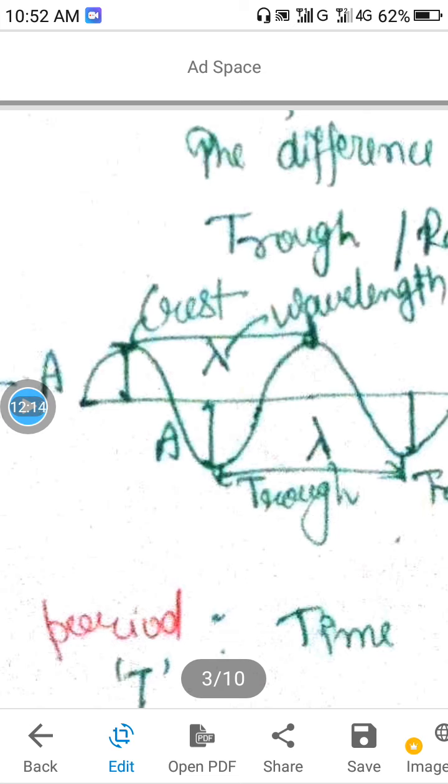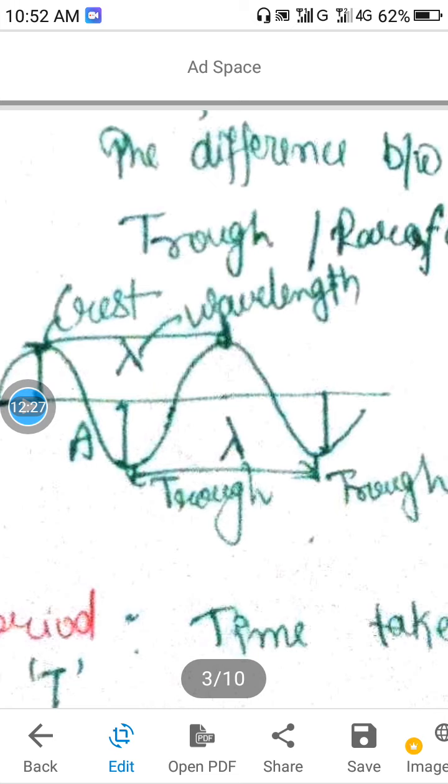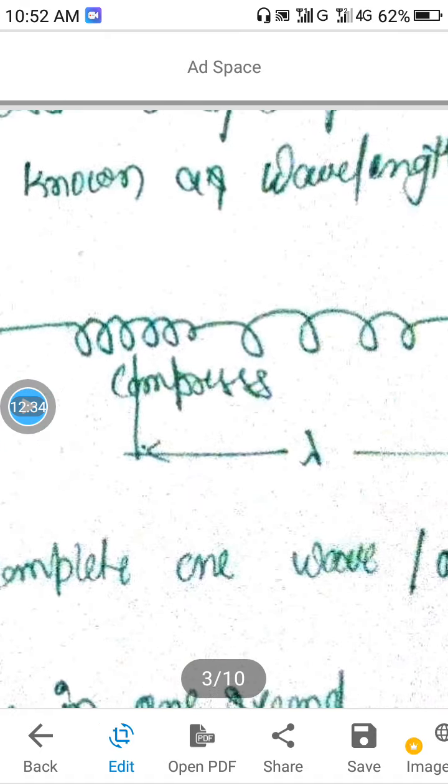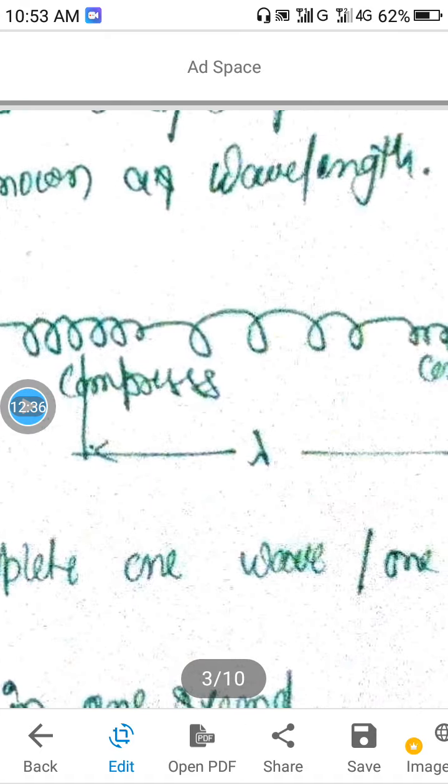Don't forget it. So the distance between two nearest successive crests is known as the wavelength. Similarly, the distance between two successive troughs is also the wavelength. Let's see, the longitudinal wave needs a medium.